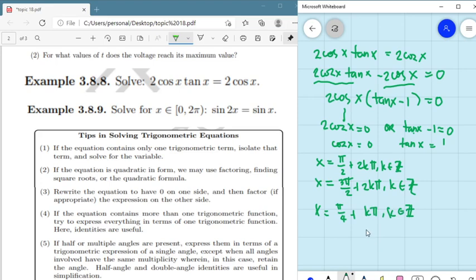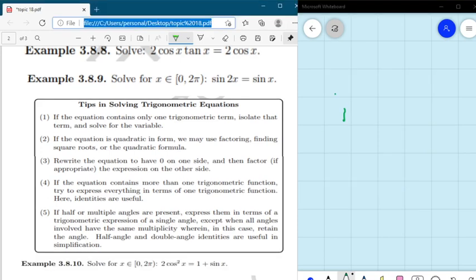Okay, so that is the solution for 3.8.8. Okay, what about 3.8.9? We are going to solve for x, which is an element of the half closed interval from 0 to 2 pi.